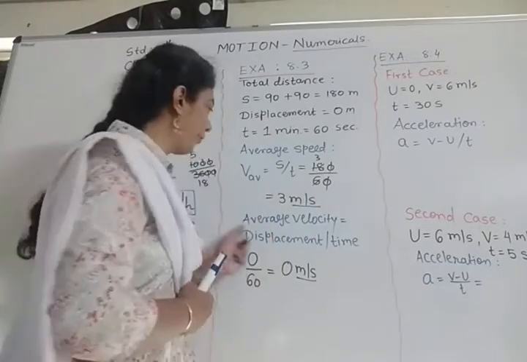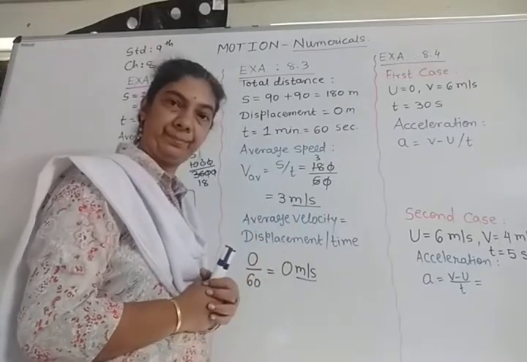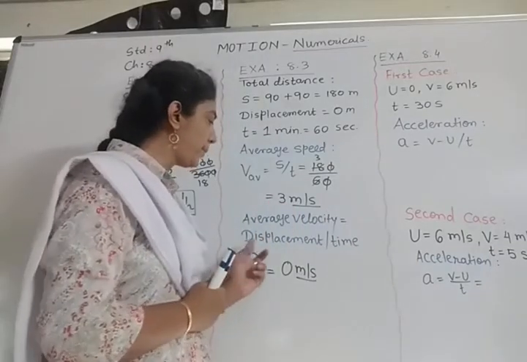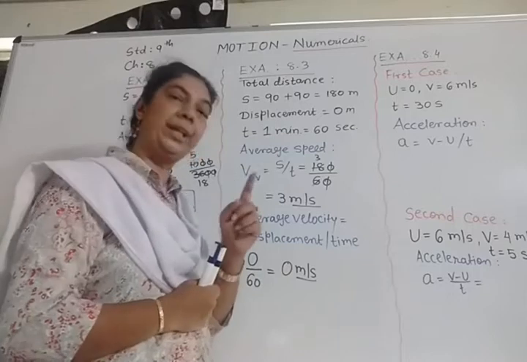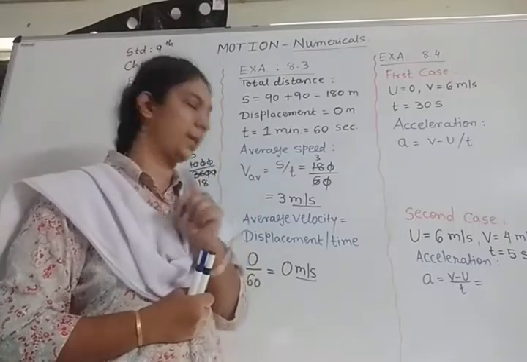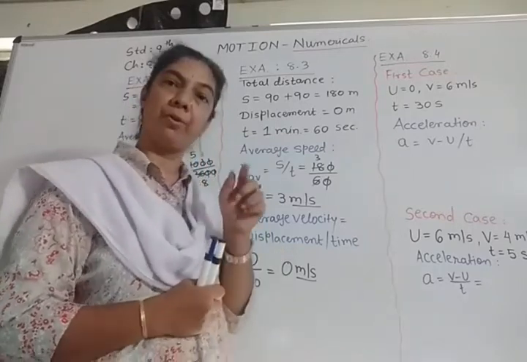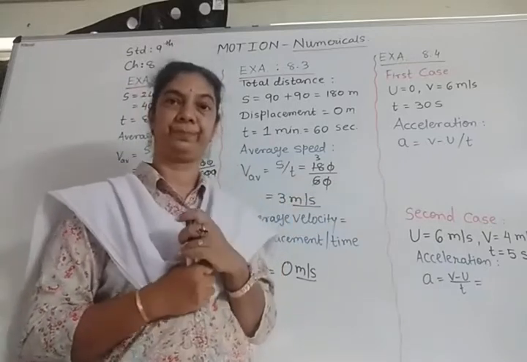But in case of average velocity, the displacement can be 0, so the magnitude of average velocity can be 0 or it could be negative also.